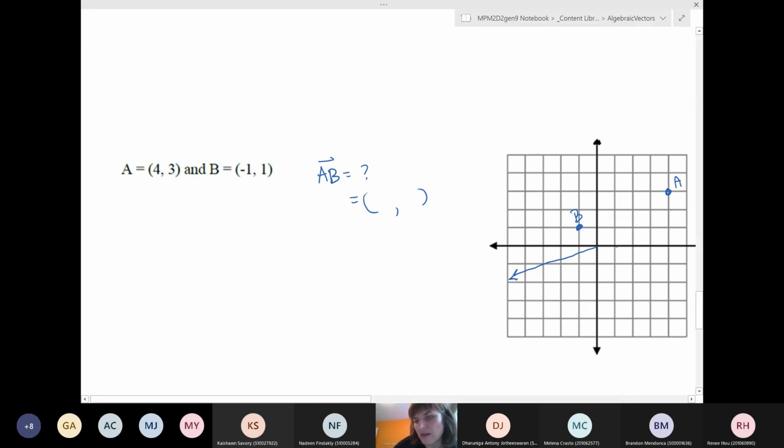I is pointing this way, but I'm going in the opposite direction: 1, 2, 3, 4, 5. So it's like I have negative 5i on this, right? And then this is my j going up, but I actually went down 1, 2, so negative 2j. And so this would be equivalent to saying negative 5i minus 2j, or negative 5, negative 2.